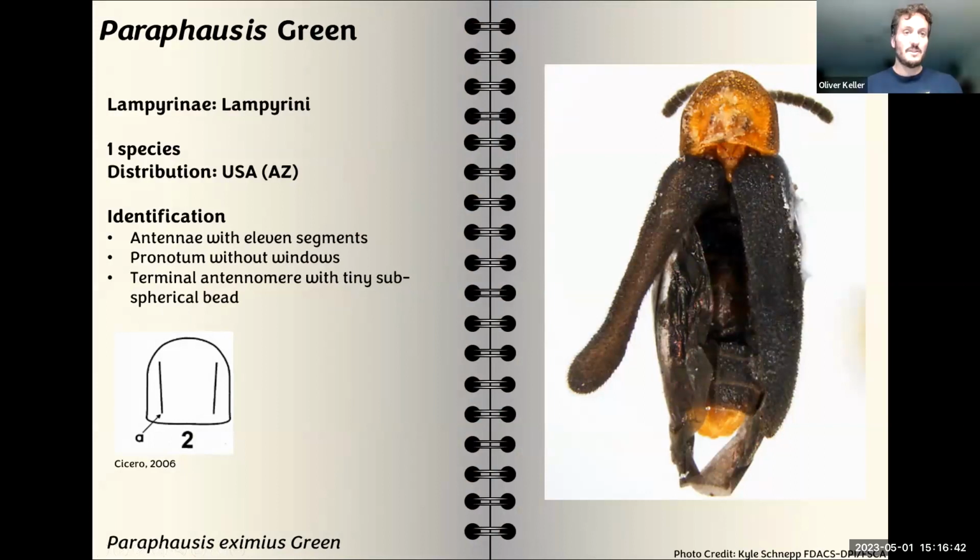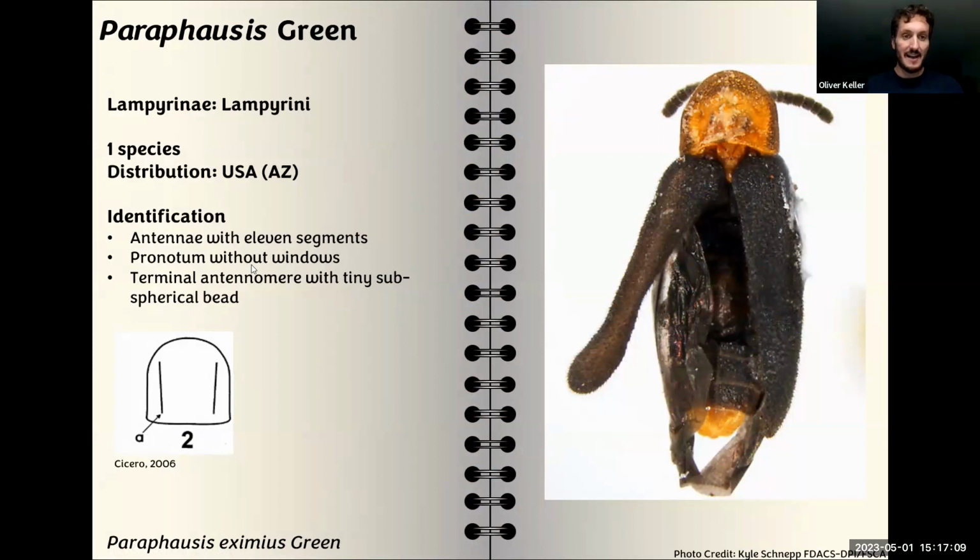This is also a very nice genus, also from Arizona, Phausis. Interestingly, not in the same tribe as Phausis, but kind of named, has the same part in the genus name. One species, Phausis eximius. You've seen this before when we talked about holotypes.